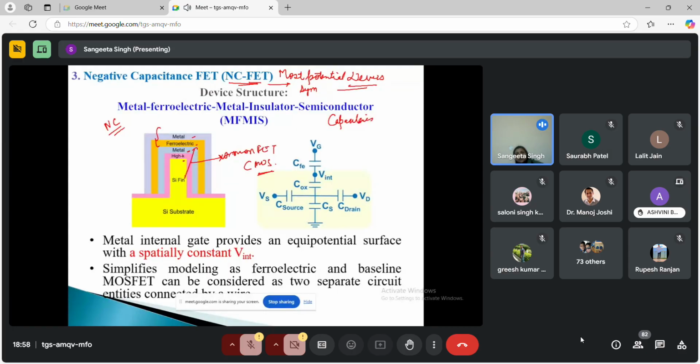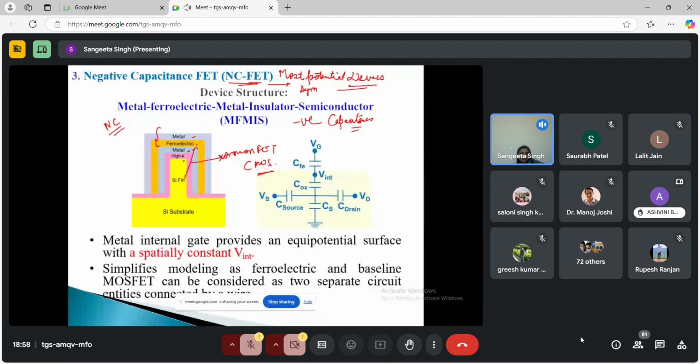What is resistance? Basically resistance is obstruction to the flow of current. You call it resistance. What is capacitance? The ability to store charge in terms of an electrostatic field. If you are storing a charge in terms of an electrostatic field, you call it capacitance. Can your capacitance be negative?